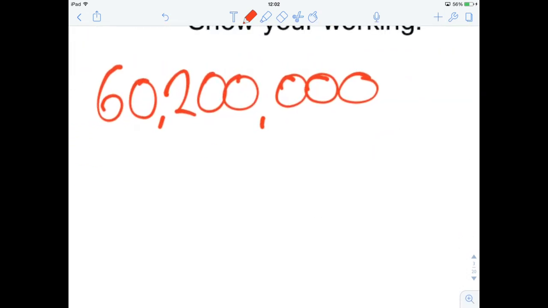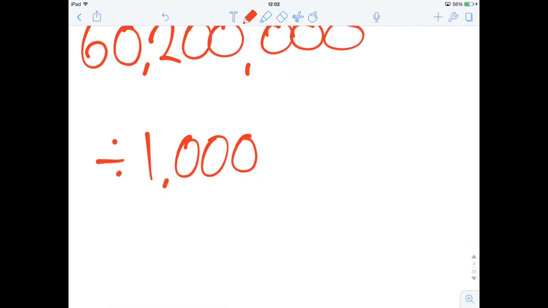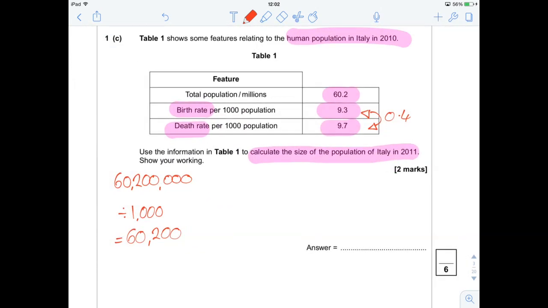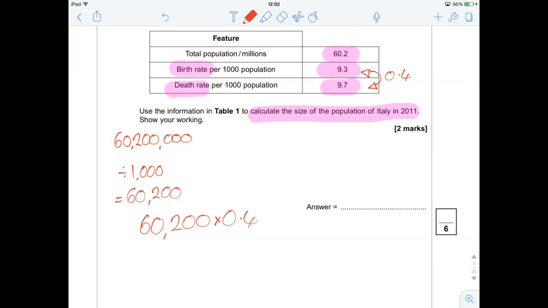So basically there's 0.4 deaths per 1,000 people more for this year. So I did this divided by 1,000, which gives me 60,200. And then I multiplied 60,200 by 0.4, and that will give me how much the population will decrease by, which I think comes out at, if I grab a calculator on my phone, 60,200 times 0.4, 24,080.